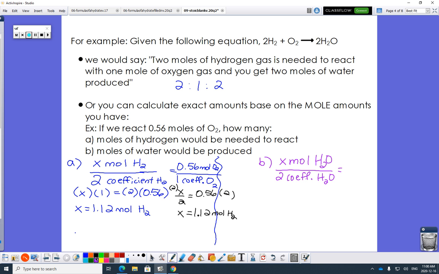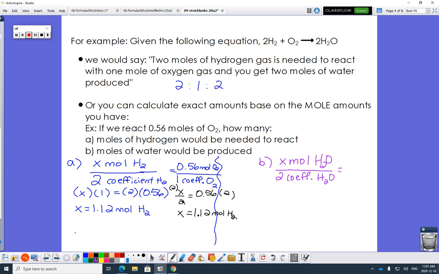So now, technically we've decided what our X is because that's what the question says. This side of the ratio has to be the same if you're going to use the water. We're given 0.56 moles of oxygen. Its coefficient is 1. The coefficient of 1 doesn't change, right?